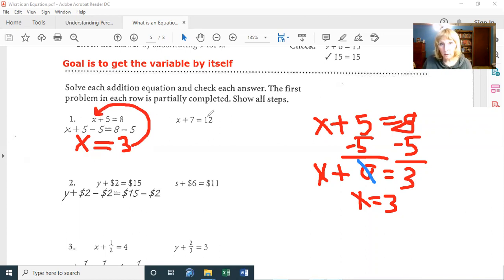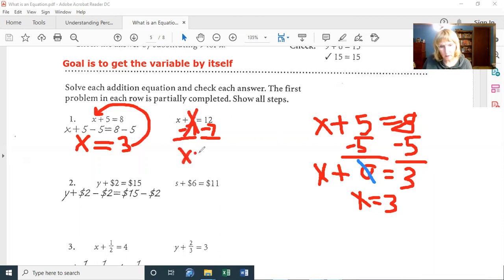x plus 7 equals 12. The next one, I'm going to subtract 7. And I have to do it from both sides because I have to do the same thing to both sides of the equals. Why did I take minus 7? Because that'll give me x by itself, because 7 minus 7 is going to be 0. So they're going to cross off, and I'll be left with just the x.